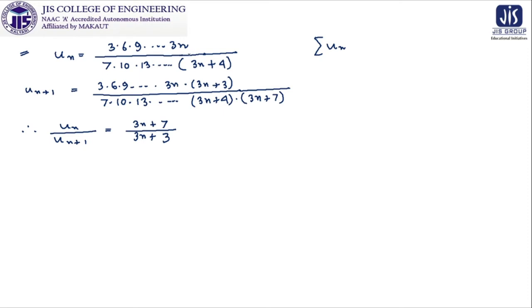The remaining terms will be adjusted and cancelled out. Now limit un by un plus 1 will be equal to 1 as n tends to infinity, because it will be 3 plus 7 by n over 3 plus 3 by n, so it is 3 by 3, that is equal to 1, which gives that the ratio test fails.